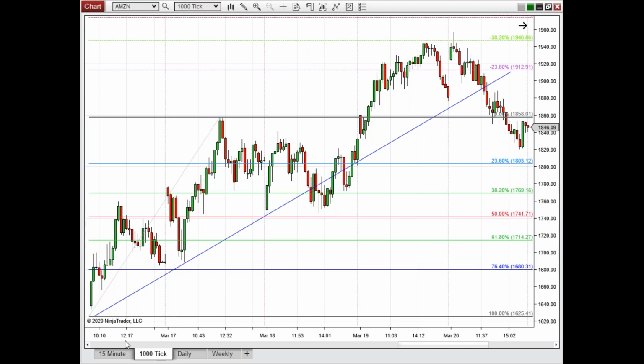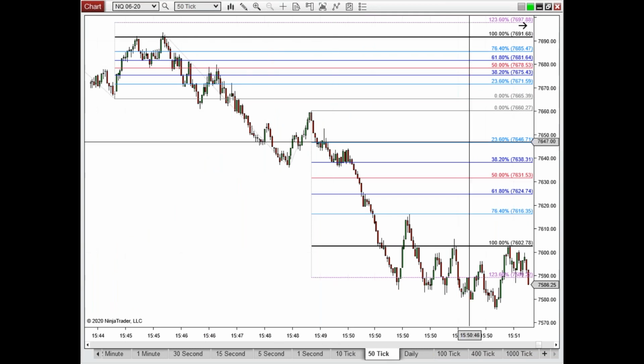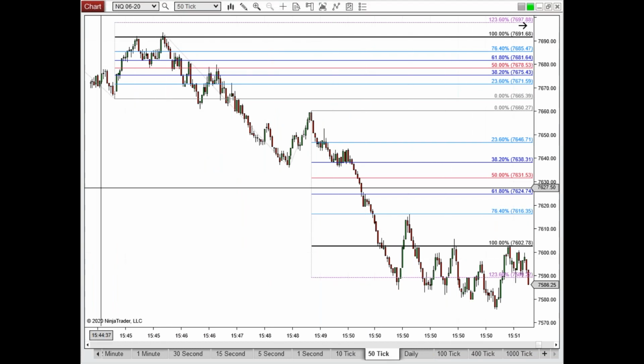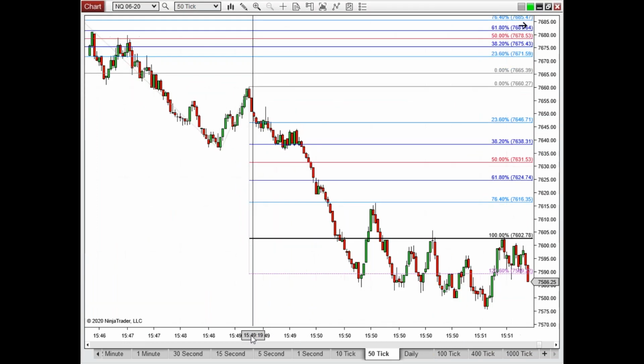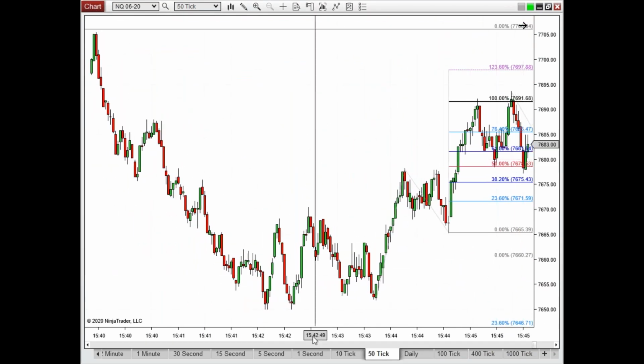But the one that we want to look at is going to be a 3-point extension. So for a 3-point extension, we're going to pull up the 50 tick chart on the NQ. So we're looking at our NASDAQ E-mini here. And the first one that I'm going to show you is right here.